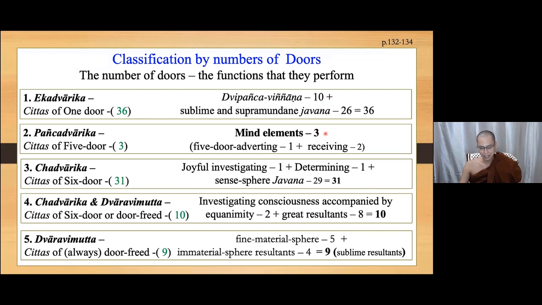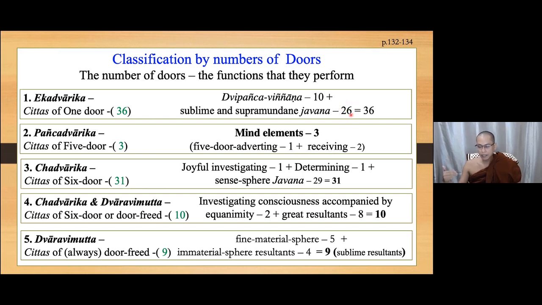These 13 consciousness can arise only in 5 doors. And the 26 sublime and supramundane jhana arise only in mind door.